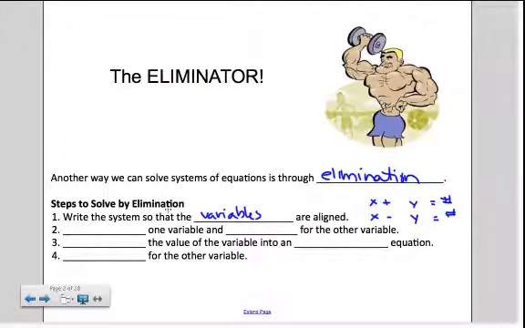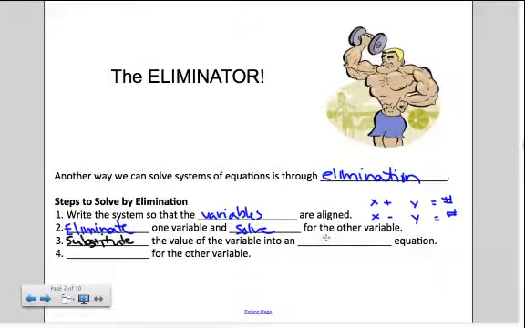Then, once we've written the system so that the variables are aligned, you're going to eliminate one variable and solve for the other variable. Okay? We'll talk more about what this eliminate stuff is in a few minutes. Once you've done that, then you substitute, which we did last class, the value of the variable into an original equation.